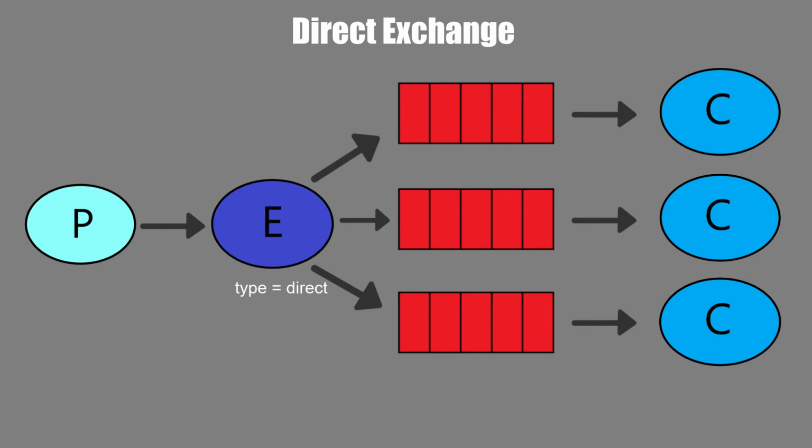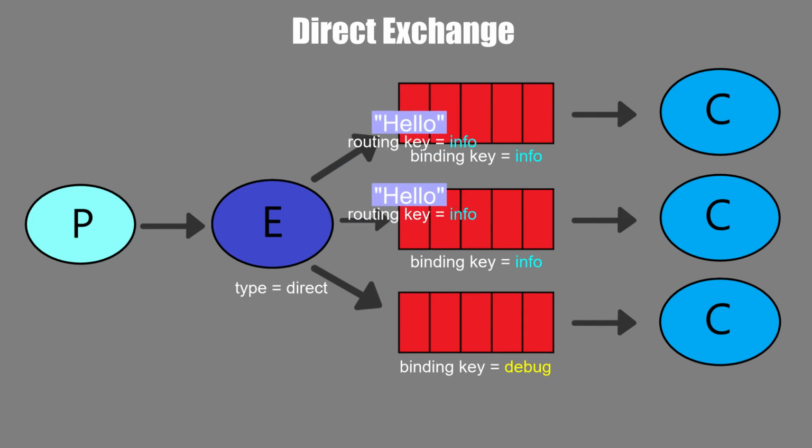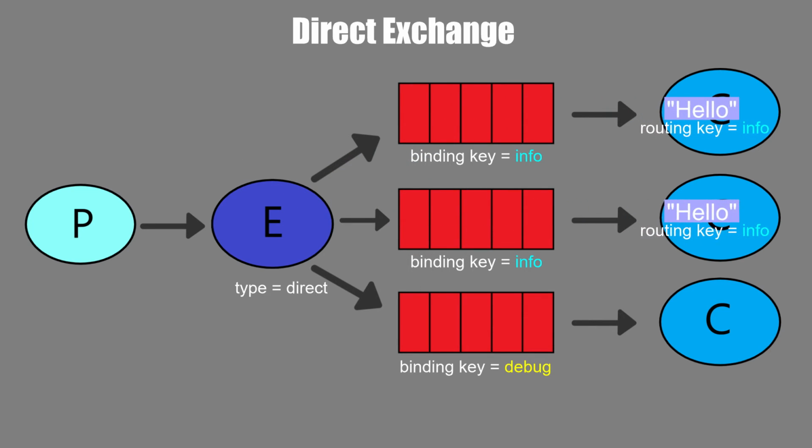So now let's have 3 consumers with binding keys as info, error, and debug. So messages with a routing key of info will go to info, error will go to error, and debug will go to the debug queue, and all the other messages will be discarded. If any 2 queues have the same binding key, then the message will be broadcast to both the queues. It will act as a fanout.